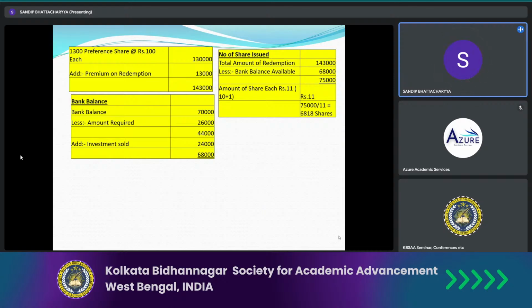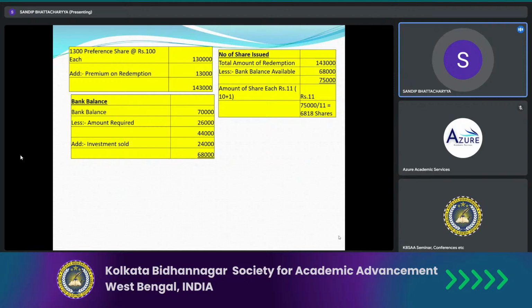But there is some additional cash inflow. What is the additional cash inflow? If I am talking about selling of investment, what will be the journal entry? Bank account debit. If it is a loss, then statement of profit and loss account debit to investment. If it is a profit, bank account debit to investment to statement of profit and loss account.